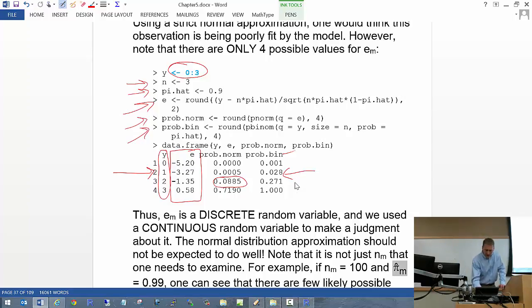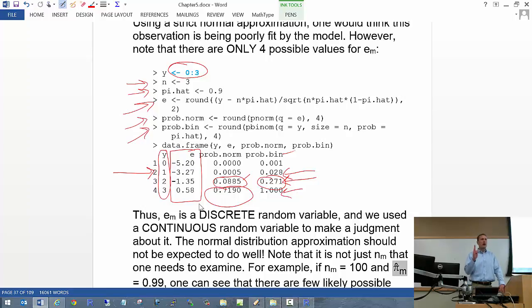But look at some of these other probabilities. The binomial says 0.271 for when y is equal to 2. The normal says 0.0885. When y is 3, the binomial correctly says 1, because of course you can't have anything higher. But look at what the normal says, 0.719.